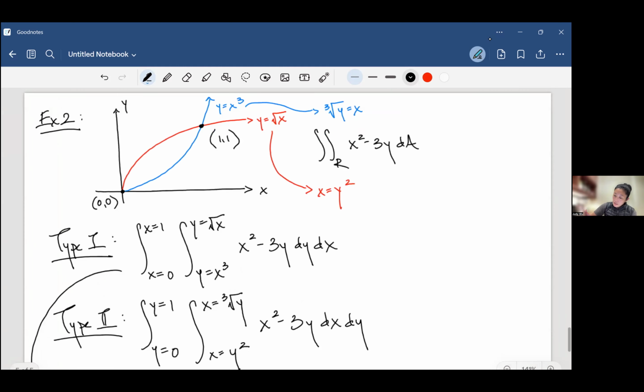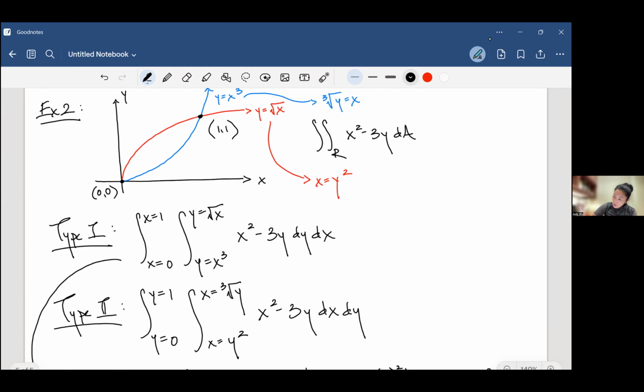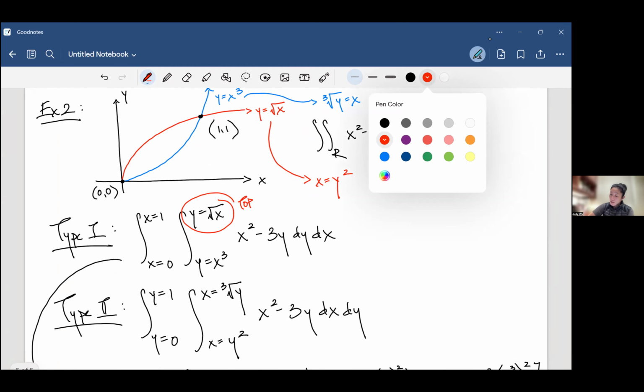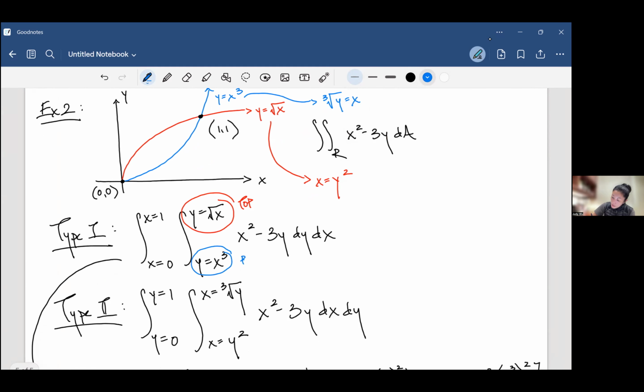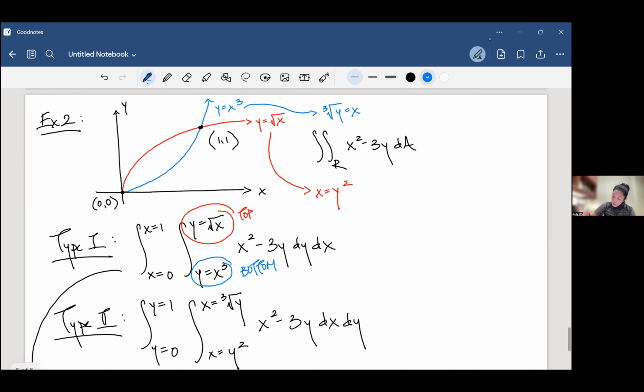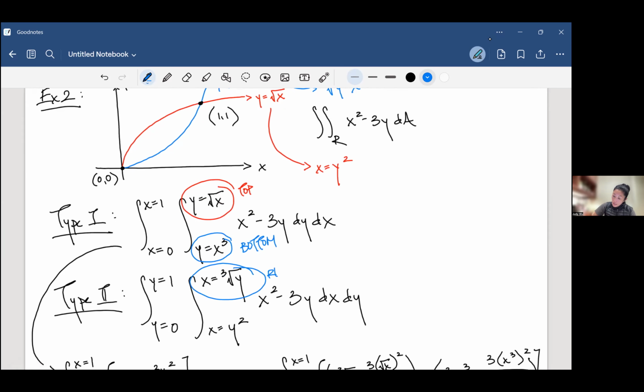Okay. So, a couple of things that I maybe should highlight for us. This is the top bound because it's the top function when we're setting it up for type 1. And this is the bottom bound because this is the bottom function when we're setting it up for type 1. Okay? But for the type 2, this one is our right function and this one is our left.